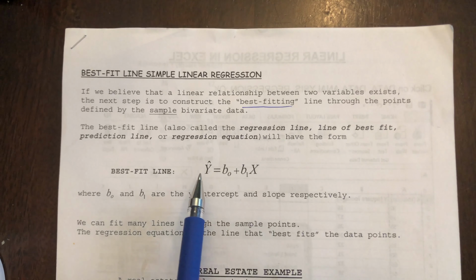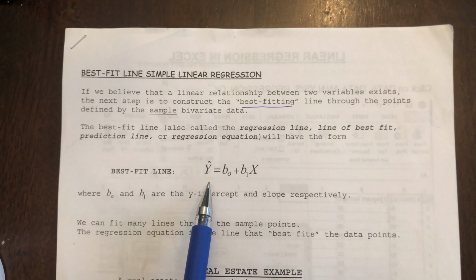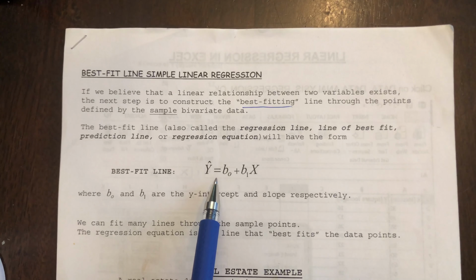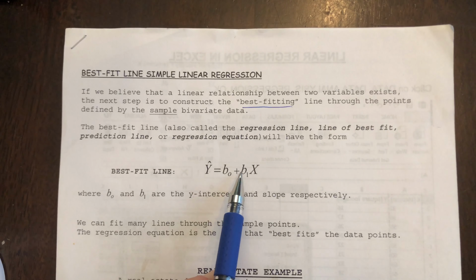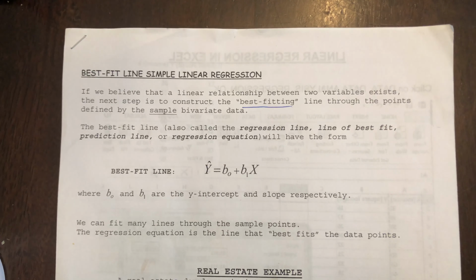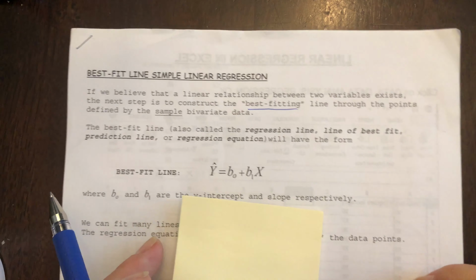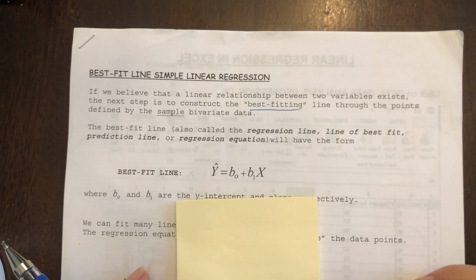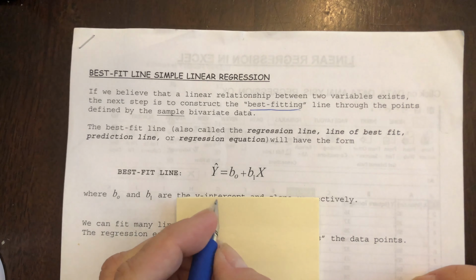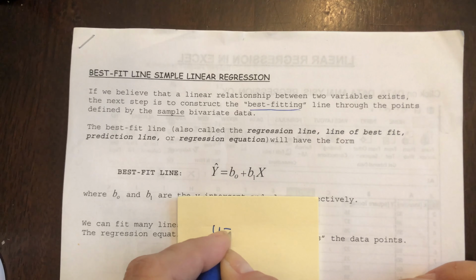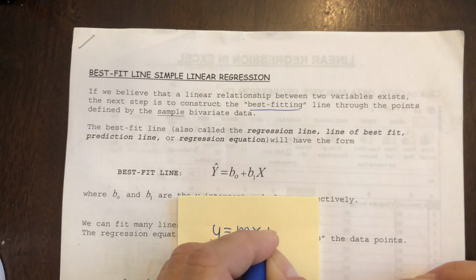The line of best fit has the form y hat equals b0 plus b1x. I do want to show you that this is kind of the same form as what you saw in algebra. Remember where you had y equals mx plus b?